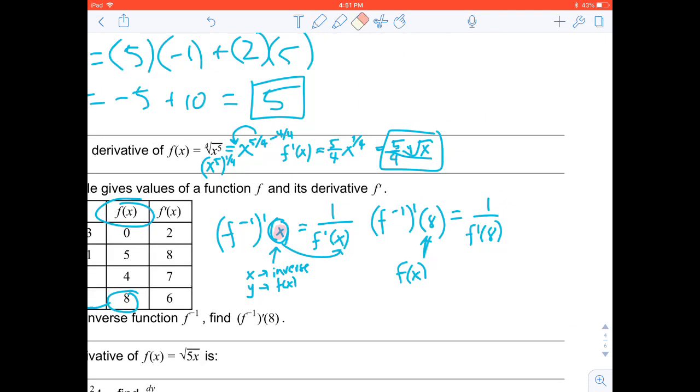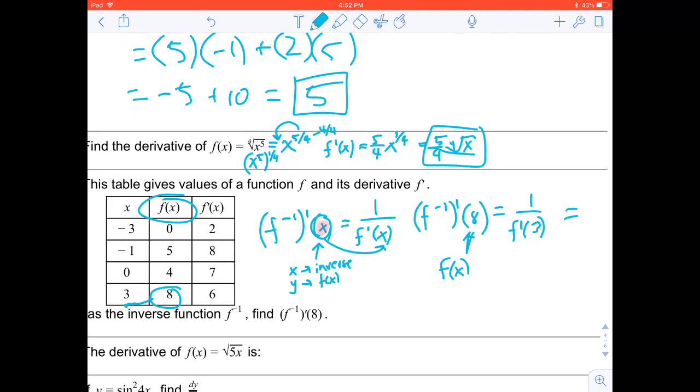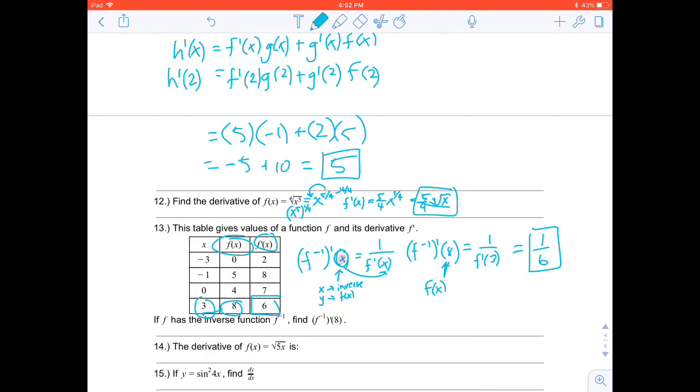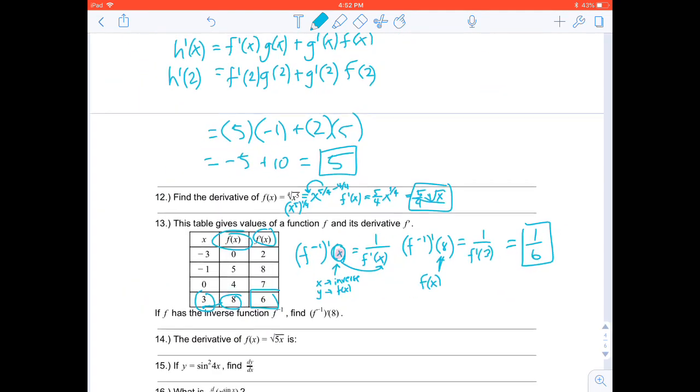So that's actually what's going to go right in here, the 3 that matches with that. Once you have that relationship set up, then all you have to do is look at the table, see what f prime of 3 is, and that is equal to 6. So we have 1/6. And that is our derivative in this case.